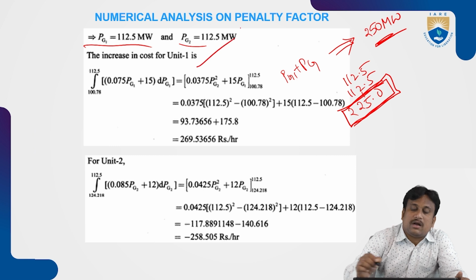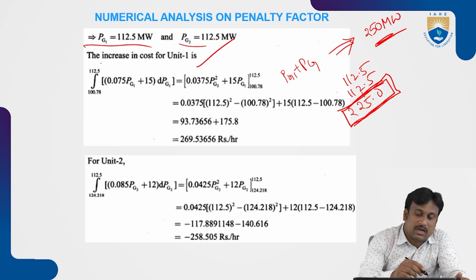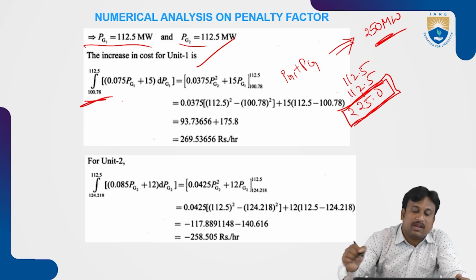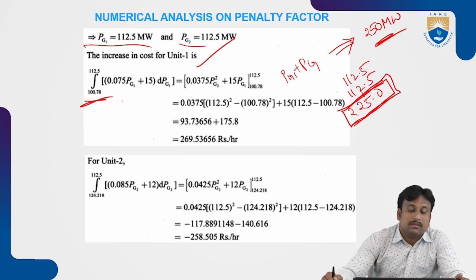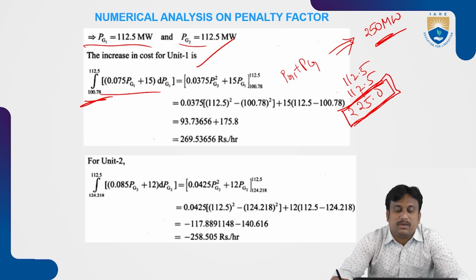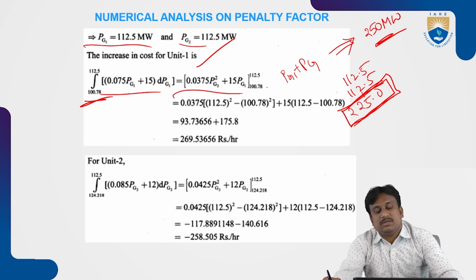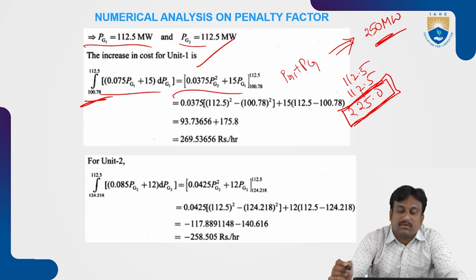Now the increase in cost for unit 1 is in the order of 100.78 to 112.5. That is the integral of 0.075 PG1 plus 15 dPG1, which equals 0.0375 PG1 squared plus 15 PG1, with limits from 100.78 to 112.5.